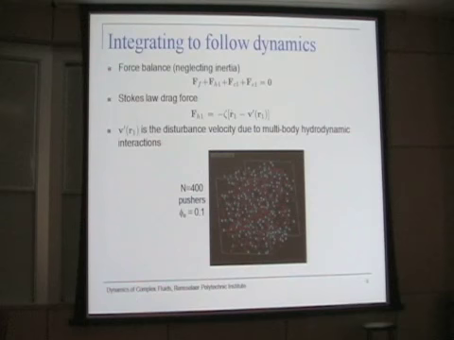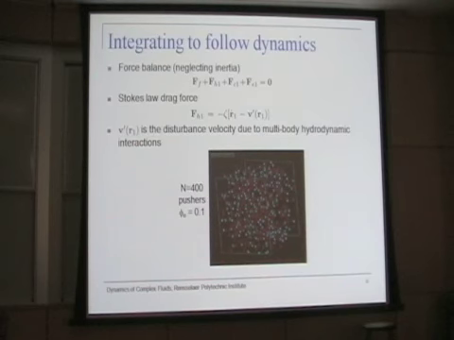I do that by neglecting inertia, so I write down a force balance. There's a hydrodynamic force, which is just a drag. It's minus a drag coefficient times the velocity of particle 1 minus the velocity of the fluid at the position of particle 1. And this fluid velocity is generated by all of the other organisms.